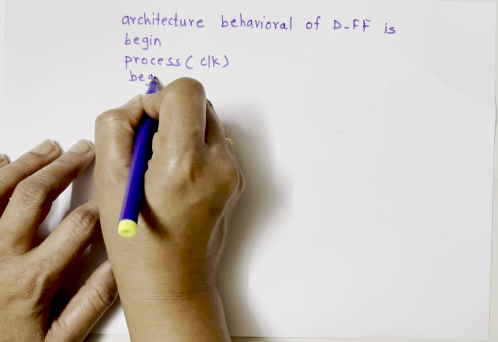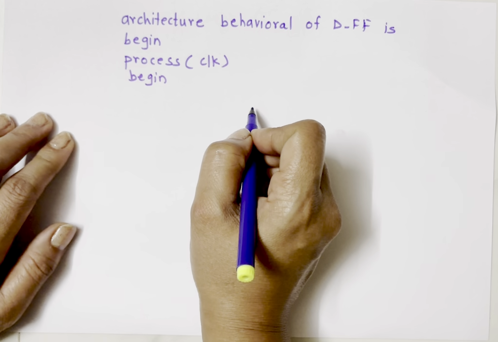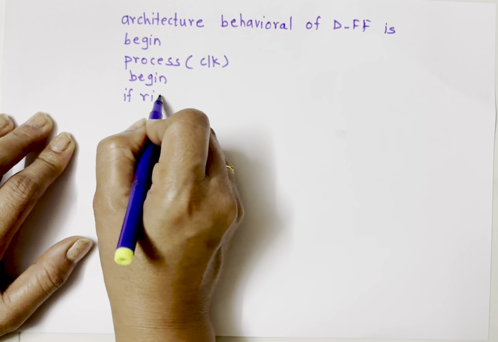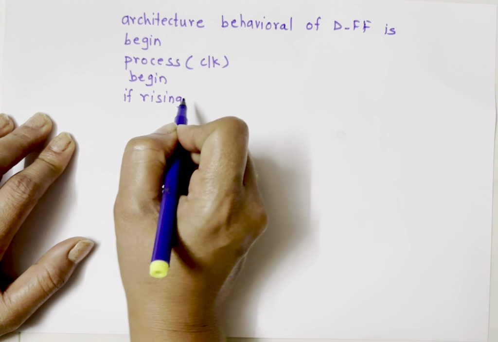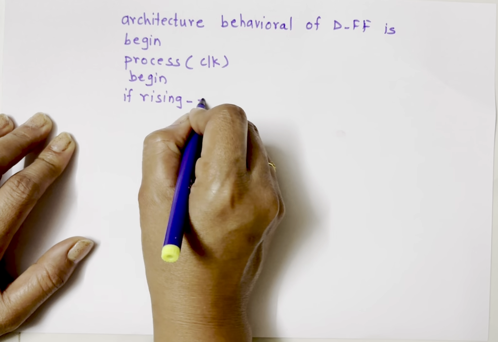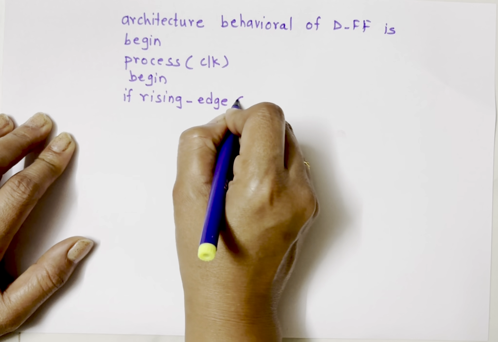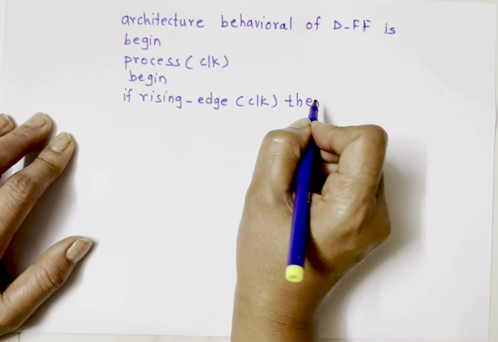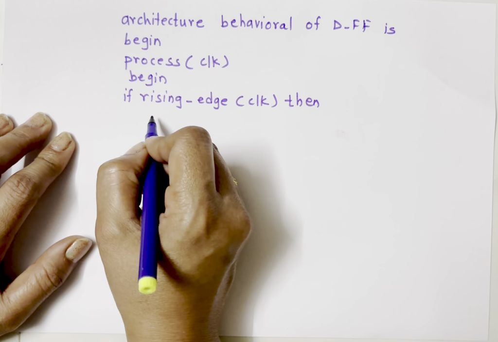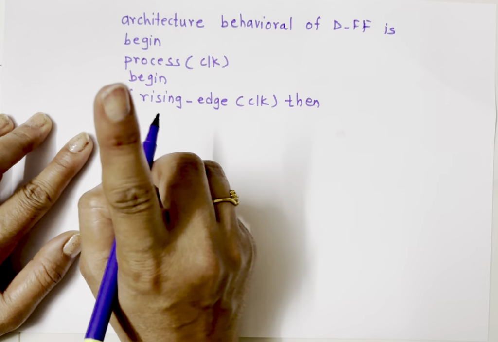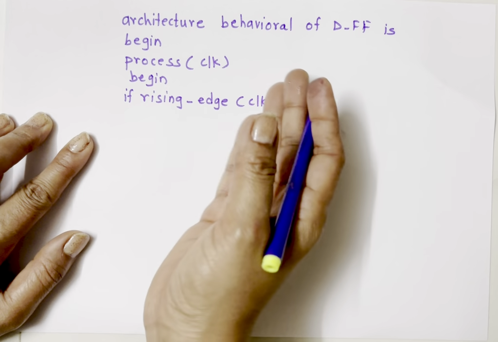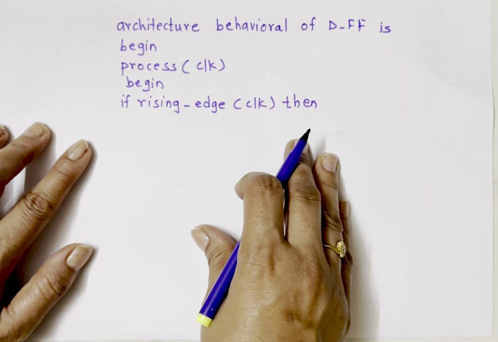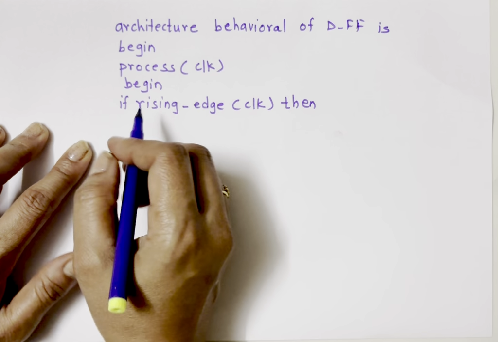Process begin. Now, if rising edge of clock comes, rising_edge of clock input, then if clock comes, it will check whether reset is 1 or 0. So first it will check reset is 1 or 0, and then it will check the value of data input.